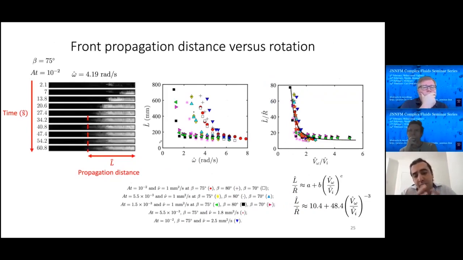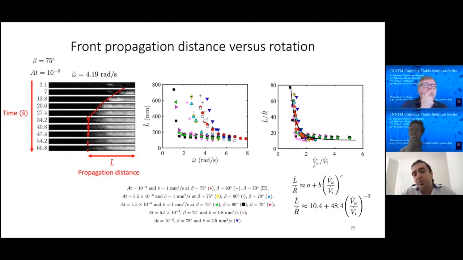Let's go on to talk about the propagation lengths, or propagation distance. We have observed before, and we can also see in this image sequence, that the front velocity slows down and eventually stops at some propagation distance with respect to the gate valve. Let's call it L. This L significantly decreases with omega, and it finally reaches a small value at very large omega.